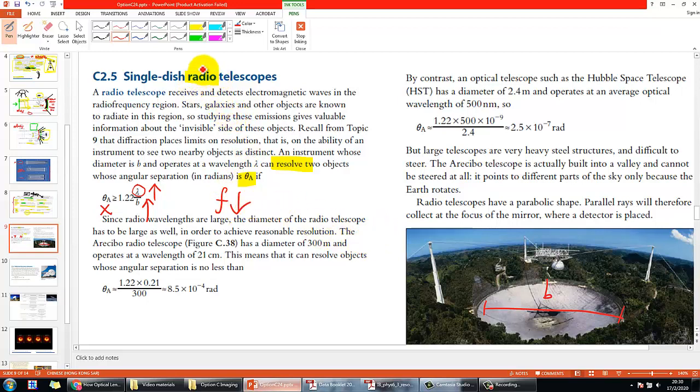That means a radio telescope could observe in that case. And normally you cannot, because it simply cannot be resolved the usual way with a small radio telescope. So the bigger you build, the higher the wavelength, that means the lower frequency you can observe.